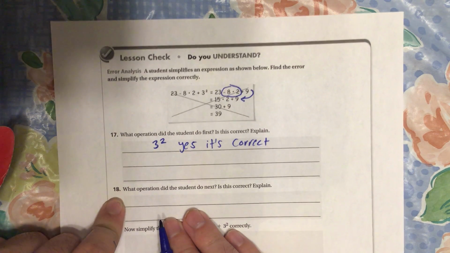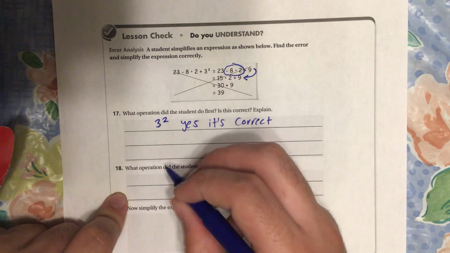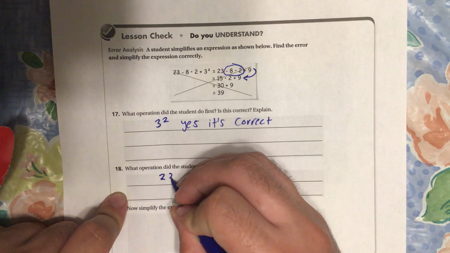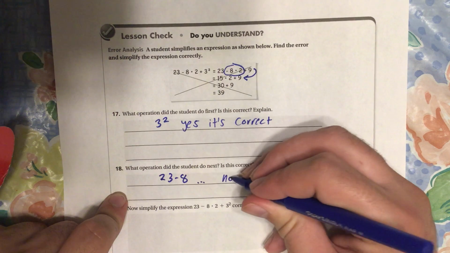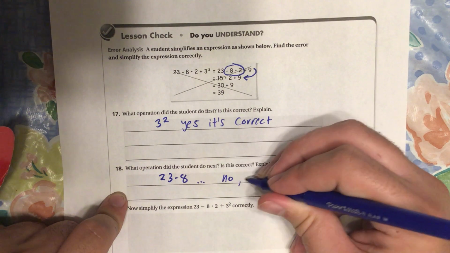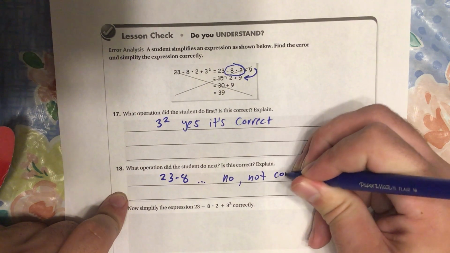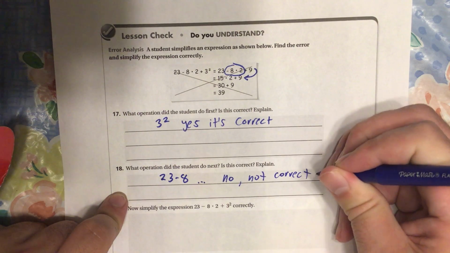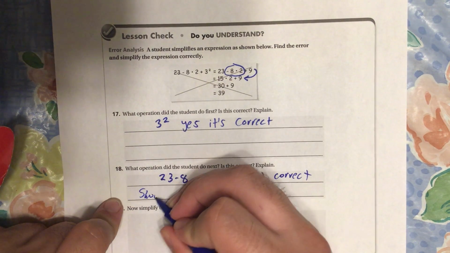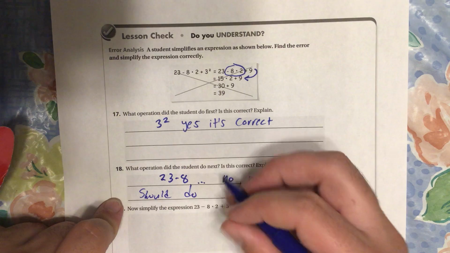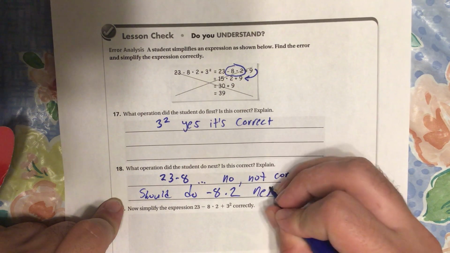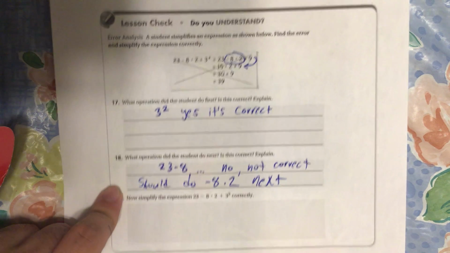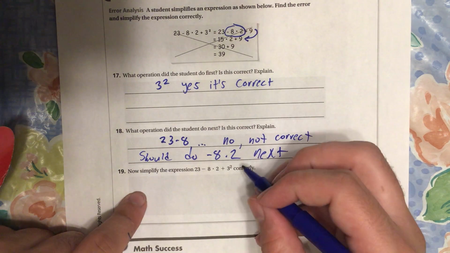What operation did the student do next? They did the 23 minus 8, and no, not correct. They should do the minus 8 times 2 next. Okay, something like that.